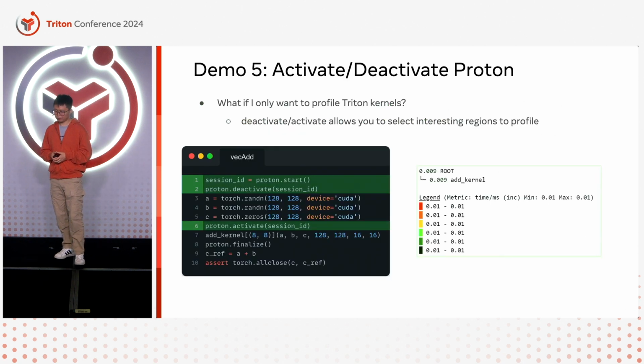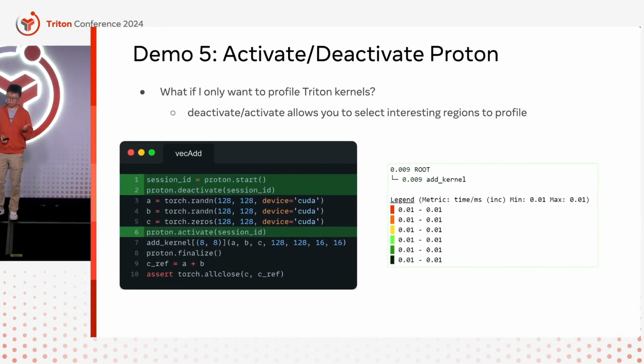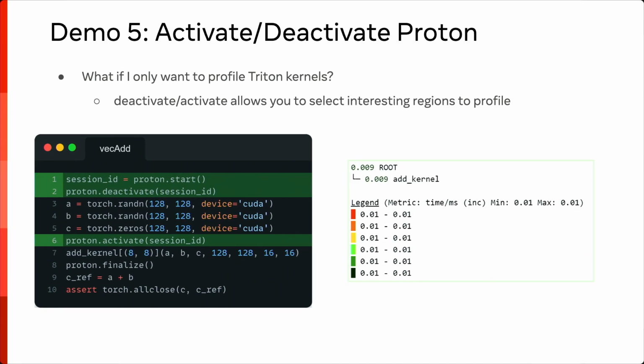Sometimes we probably only care about the performance of Triton kernels, but not these PyTorch kernels because they have already been optimized pretty well. In that case, we will invoke the deactivate and activate APIs that we talked about before, which allow you to select interesting regions to profile. After starting profiling using proton.start, we get a session ID back.